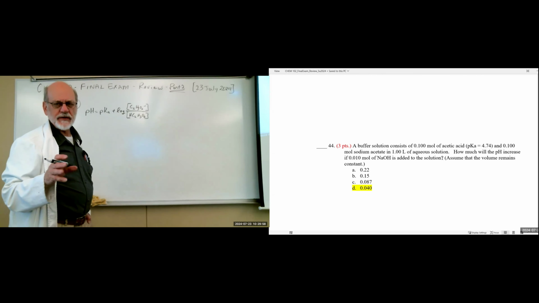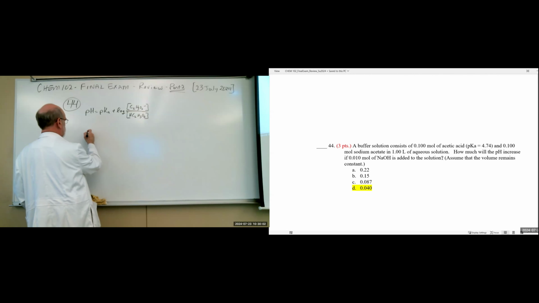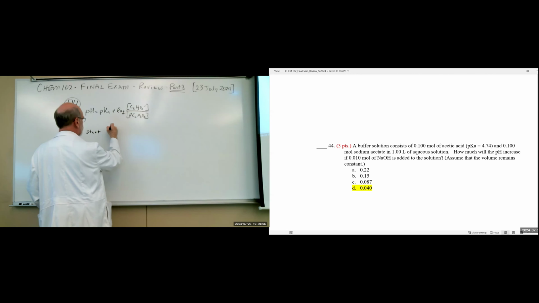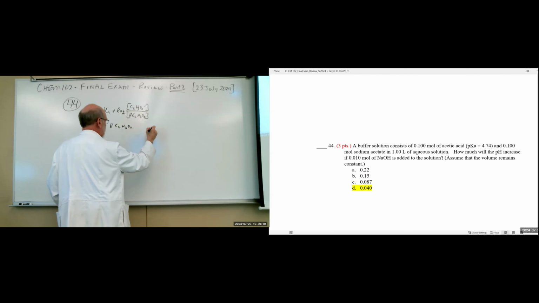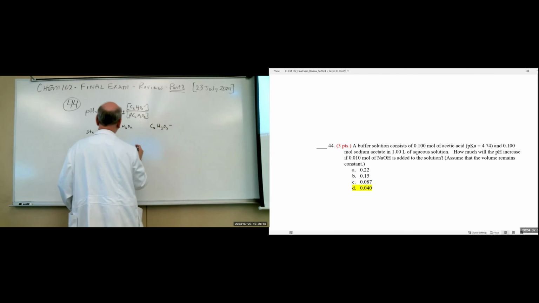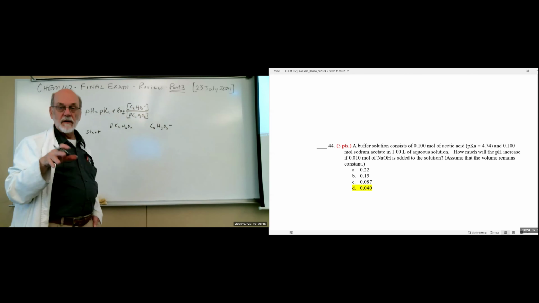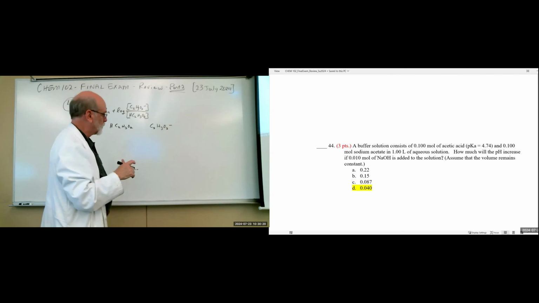So what's the concentration of acetic acid to begin with? We start with acetic acid, C2H3O2, and acetate, C2H3O2 minus. We start with 0.1 mole of acetic acid in 1 liter, so it's 0.1 molar.